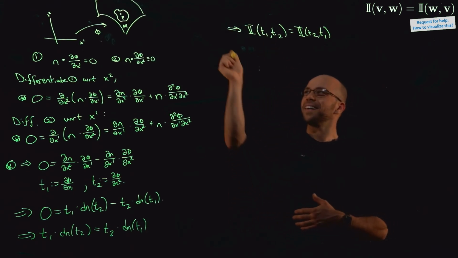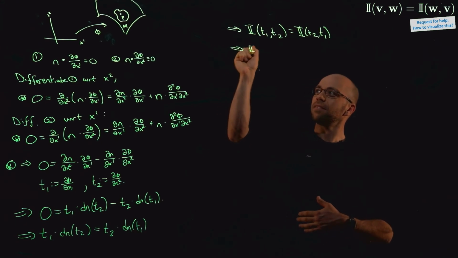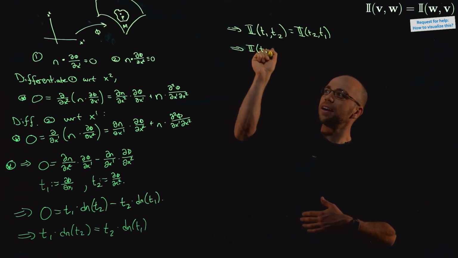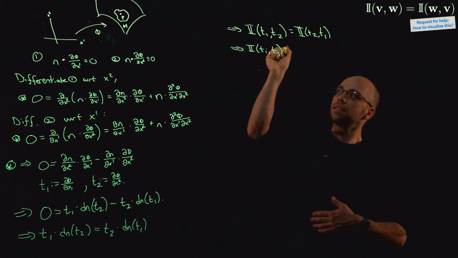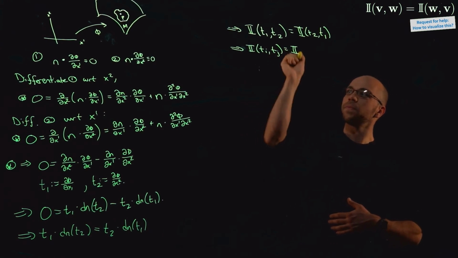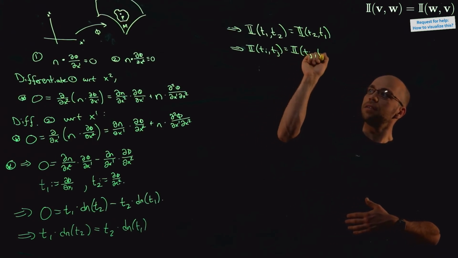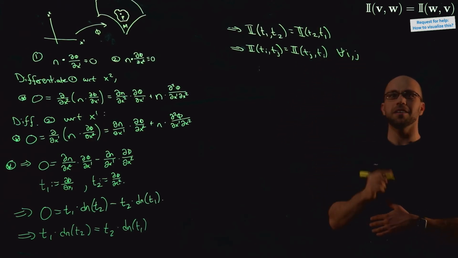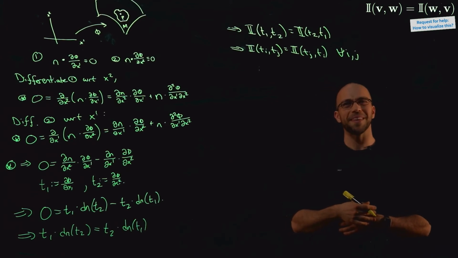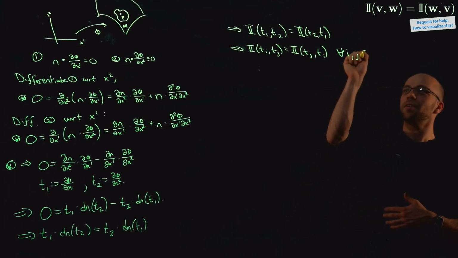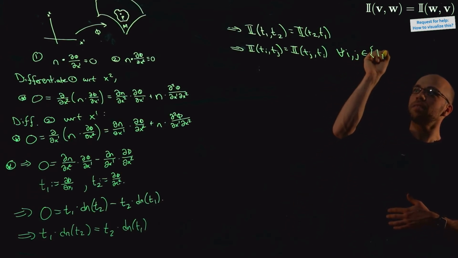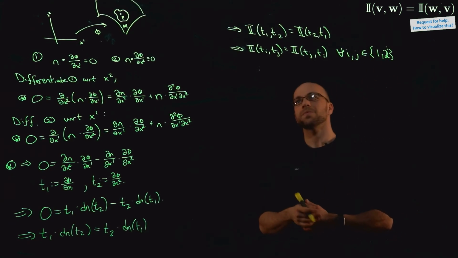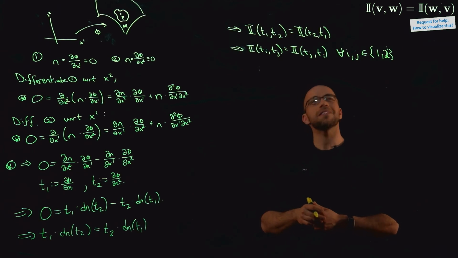So really, what we can say is that the second fundamental form of ti, tj is equal to the second fundamental form of tj, ti for all i, j. That's just because when i is equal to j, this is kind of a boring thing to say. And of course, i and j here only index between 1 and 2. Okay. So we're almost there, right?